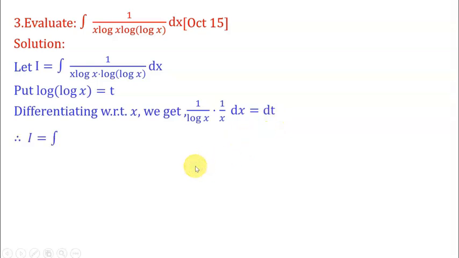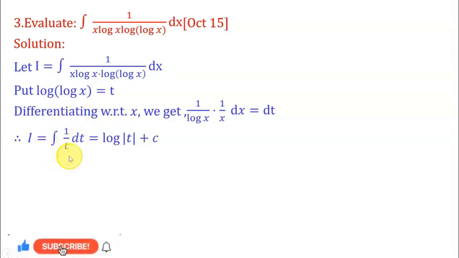Overall, you will get 1 upon x log of x dx, its value is dt, and the next is log x as t. This is the t. Therefore, what is the integral of 1 upon t? The integral of 1 upon t is log of mod of t plus c.